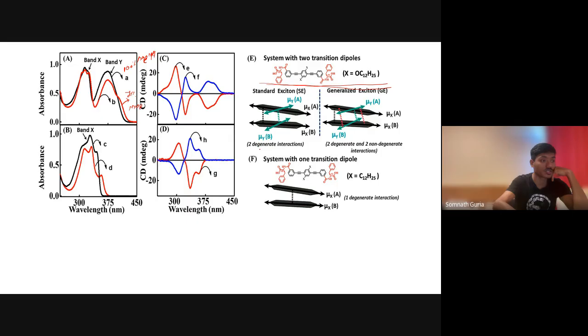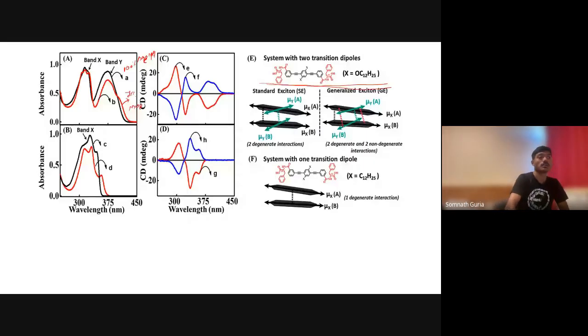This is the standard excitation happening, and the generalized excitation happening. So two kinds: one is a right-handed helical structure they are forming, another is a left-handed helical structure, aggregating to each other and forming this CD spectrum.